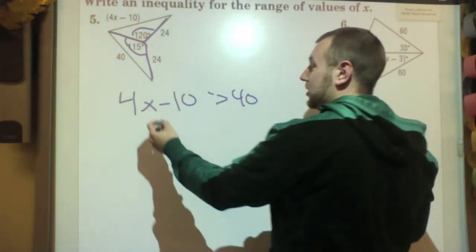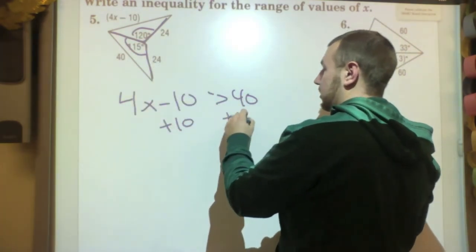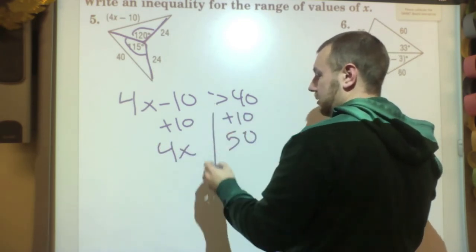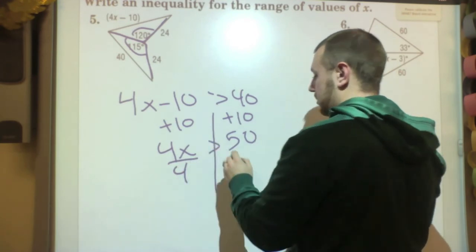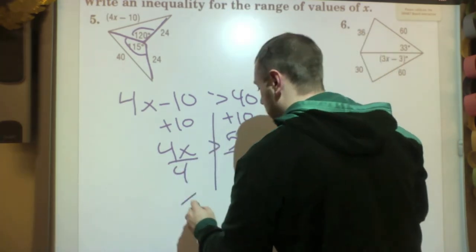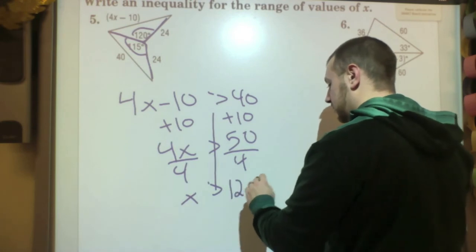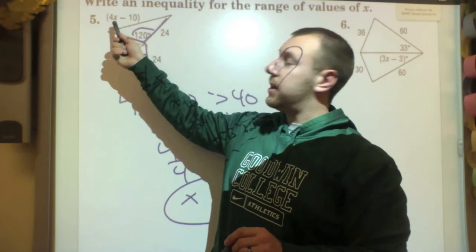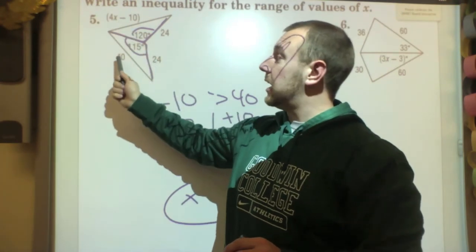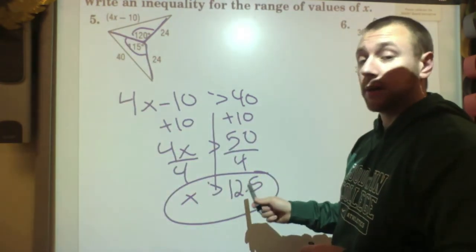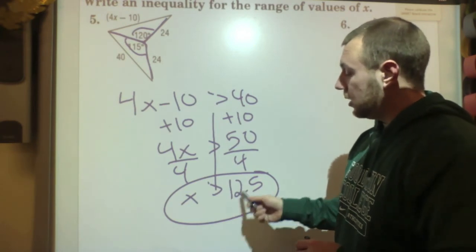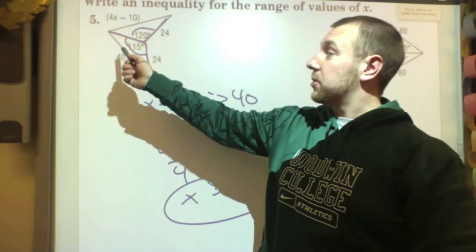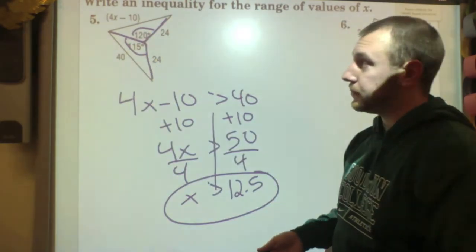Now I can solve this. For this side to be bigger than this side, x has to be bigger than 12 and a half. So I could plug in 13 here and that would work. I can't plug in 12 because it would be less than that to make this true.